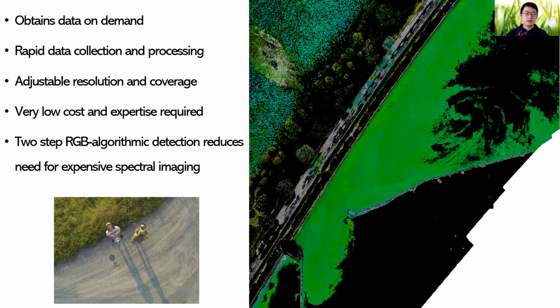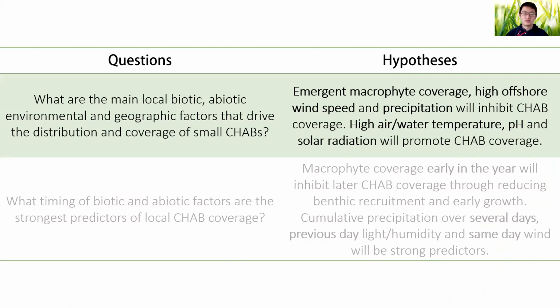So using this, we aim to answer some research questions. What are the main local abiotic and biotic environmental and geographic factors that drive the distribution and coverage of small CHABs? So we hypothesize that emergent macrophyte coverage, high offshore wind speed and precipitation will inhibit CHABs, while high water and air temperature, pH, and solar radiation will promote CHAB coverage.